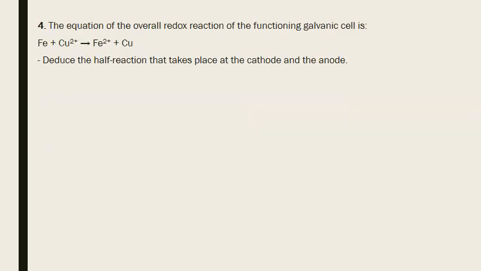Question 4 says the equation of the overall redox reaction of the functioning galvanic cell is given. Deduce the half reaction that takes place at the cathode and the anode. Now here we have to work the opposite to what we normally do. We just write the equation of the anode.